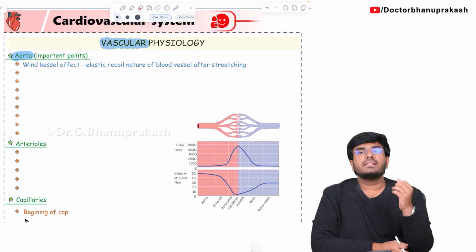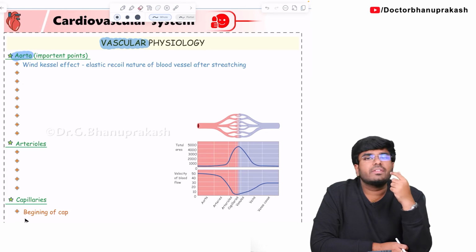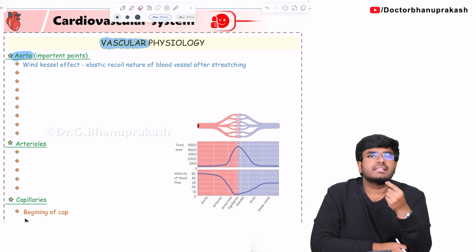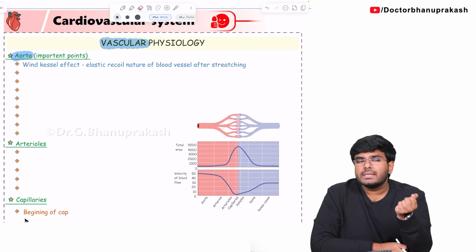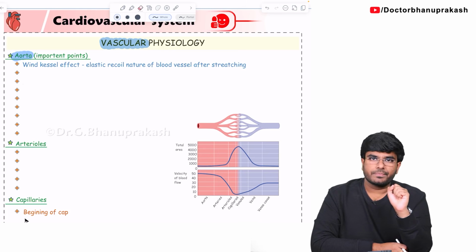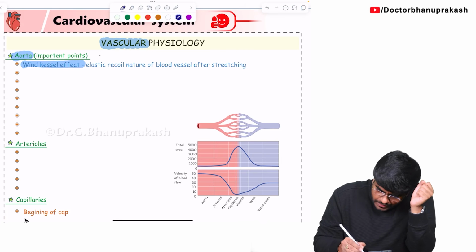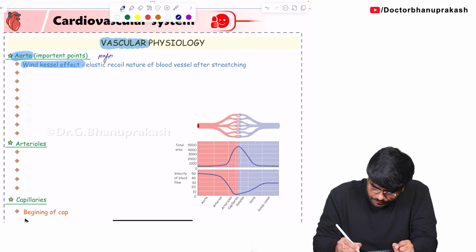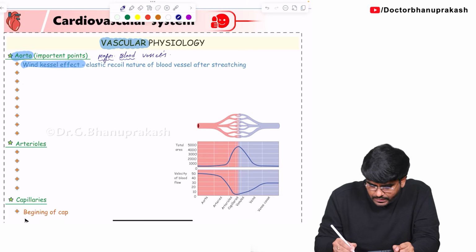It's the aorta. In a recent exam, this question was asked: which of the following blood vessels has the least Wind-Kessel effect? The options were aorta, carotid artery, renal artery and radial artery. The Wind-Kessel effect is a property of major, elastic blood vessels.